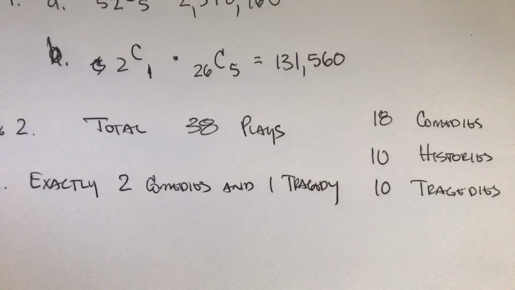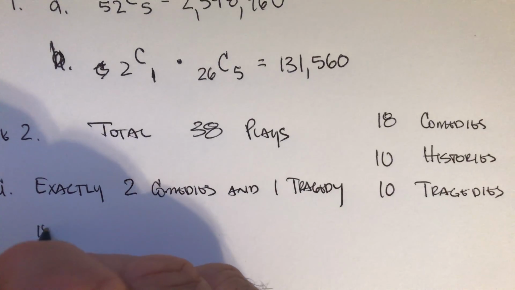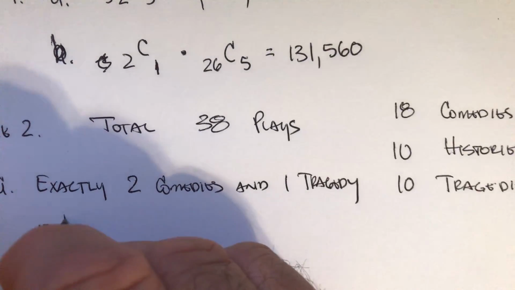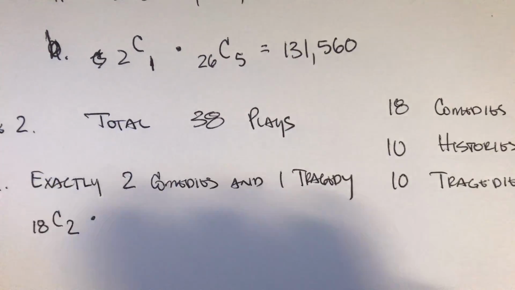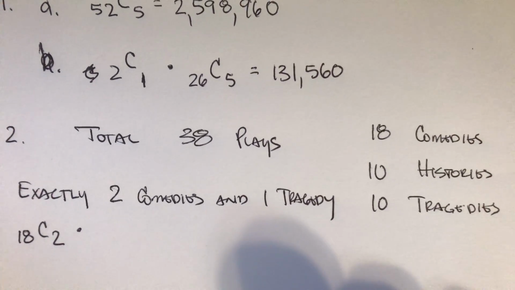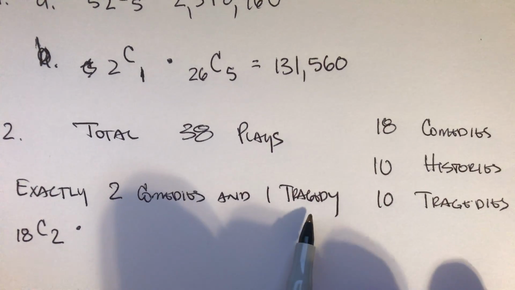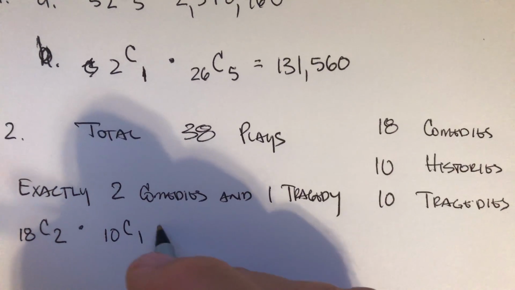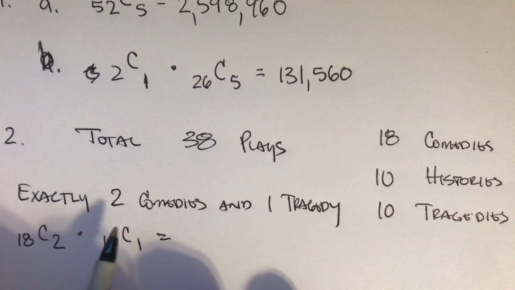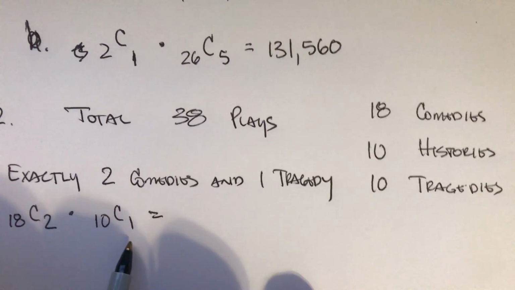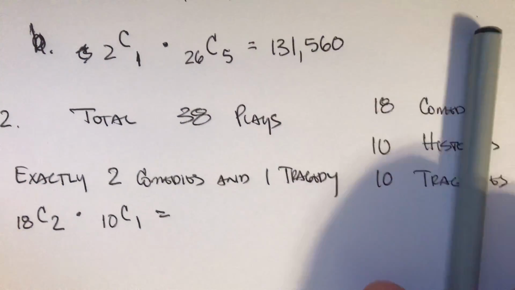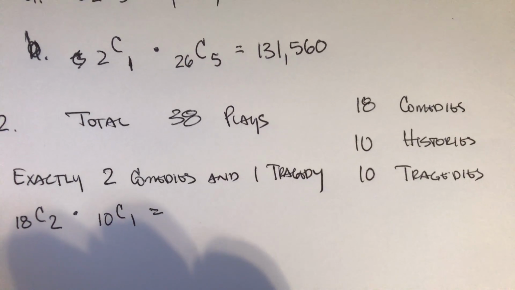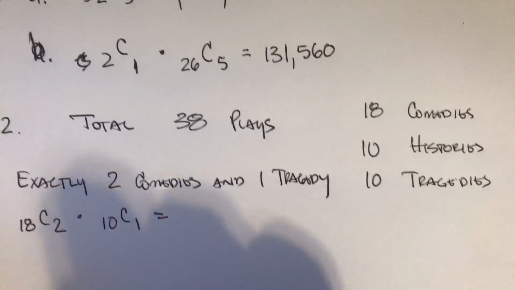So how many comedies do I have? 18. And I'm reading 2. So there's that many ways to do that. How many tragedies? Well, there's 10, and I'm reading 1. So there's that many ways to get 2 comedies, that many ways to get 1 tragedy. I multiply those together using my calculator. I get 1,530.